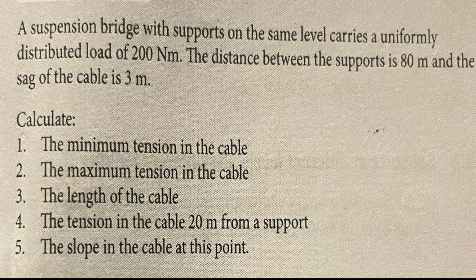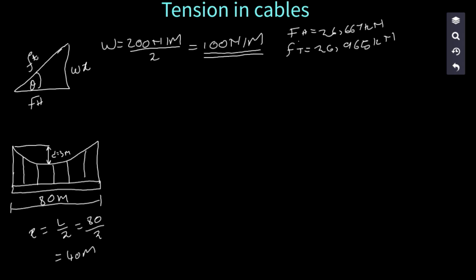We then go to question number 4. They say the tension in the cable 20 meters from the support. Remember, we're dealing with only one side, and from here to the support, the distance, which is x, is 40 meters. Now they are telling us that we have to calculate for the tension 20 meters from the support.